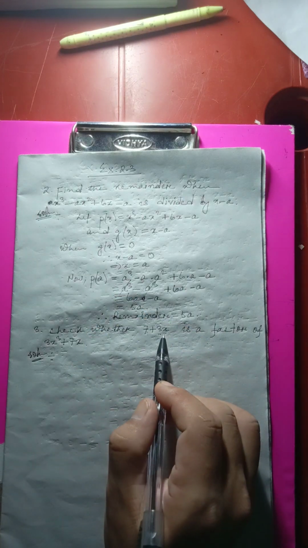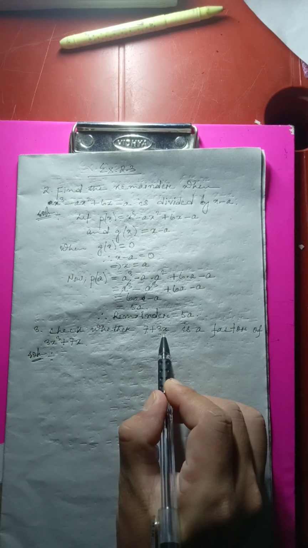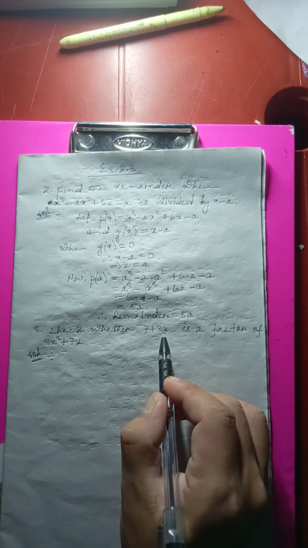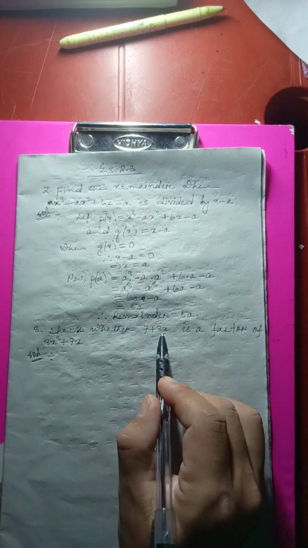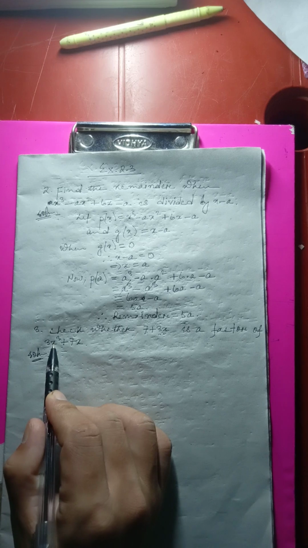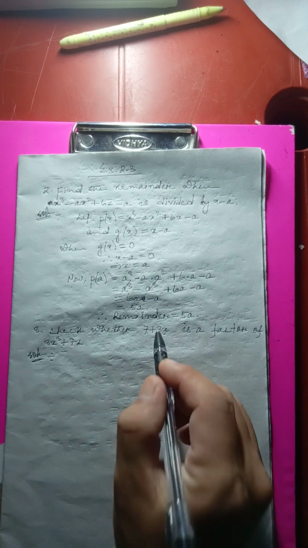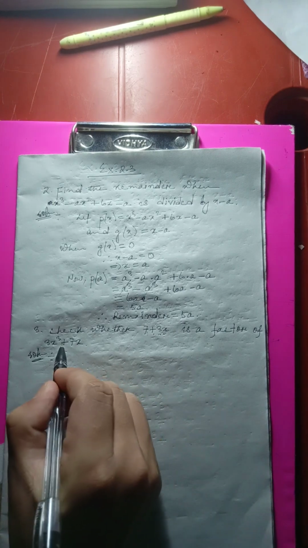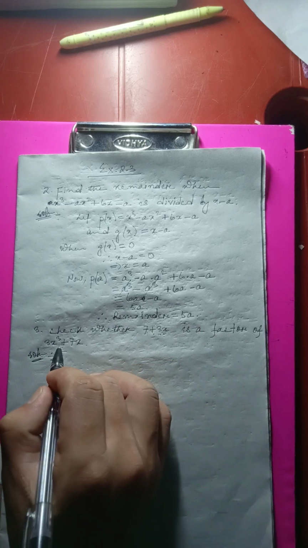Then we put that value of x in the polynomial and check whether we get remainder 0 or not. If we get remainder 0, then we call it a factor of this polynomial.